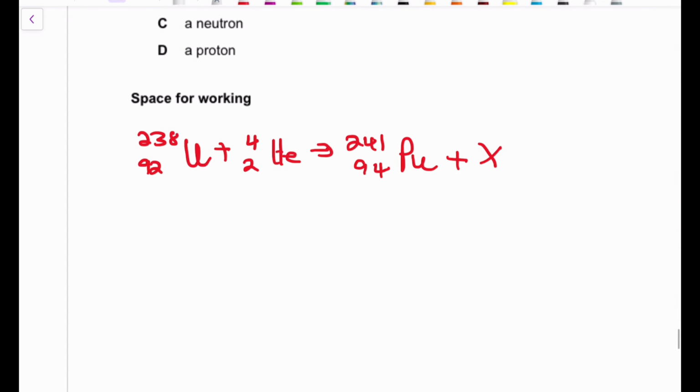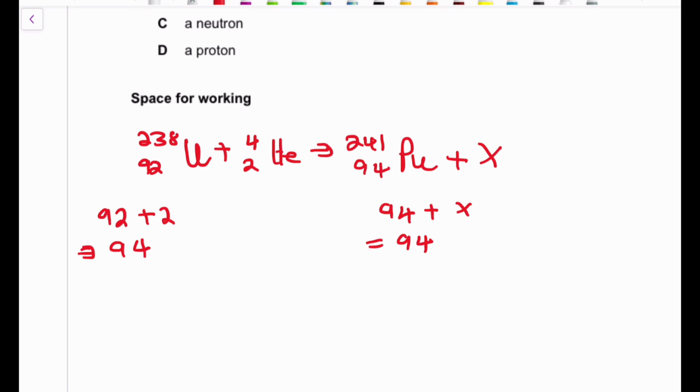Let's analyze the situation. Before, what was our atomic number? We had 92 plus 2, that's going to be 94. Then after, what did we have? We had 94 plus what? For us to get 94, it has to be plus 0.